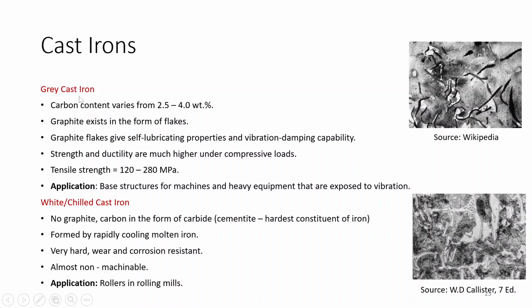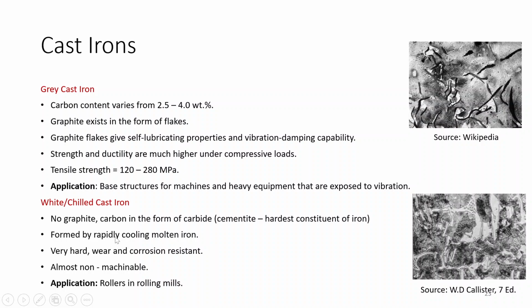And in gray cast iron, to form this graphite, you require slow cooling, or you need some type of heat treatment for the formation of graphite. While in the case of chilled cast iron, because of the fast cooling, you will be getting a cementite structure.